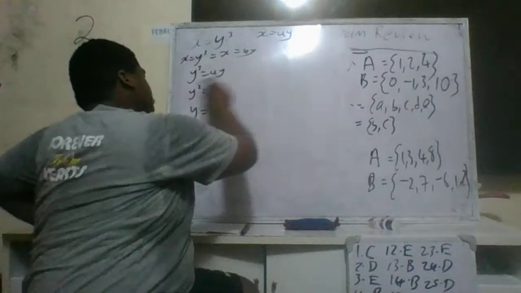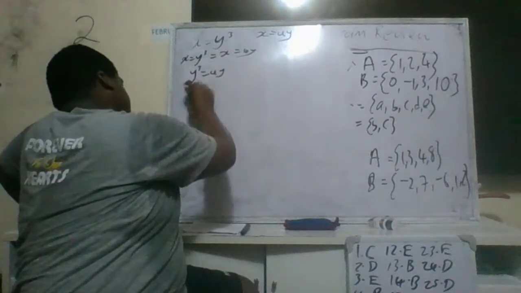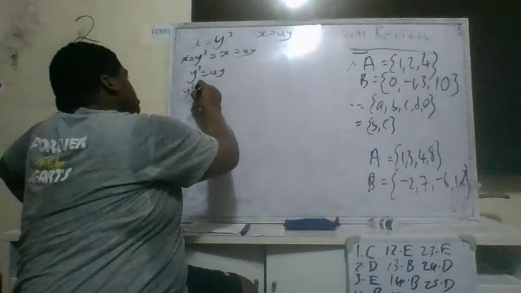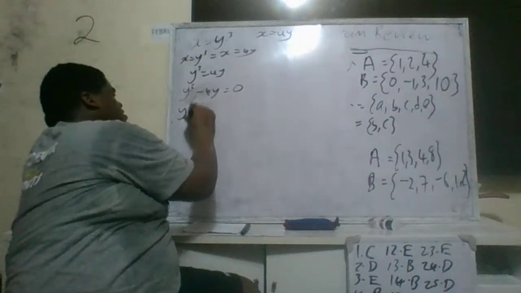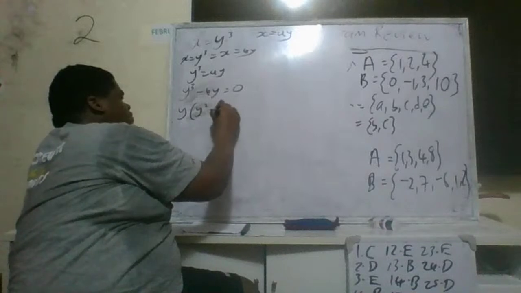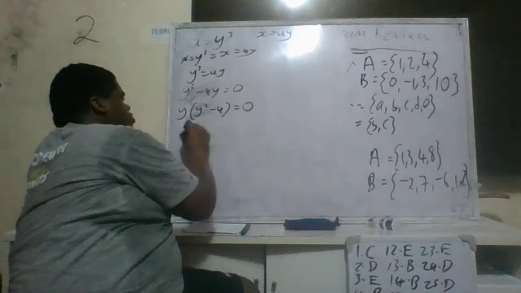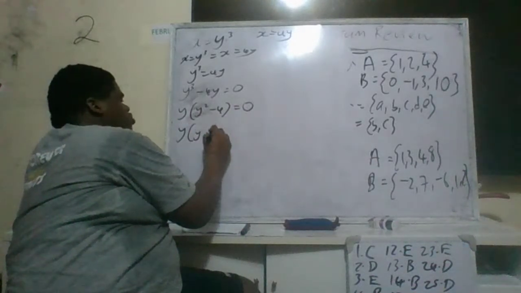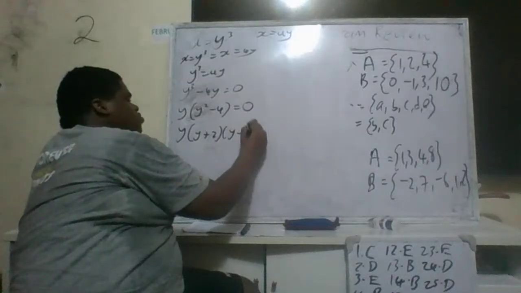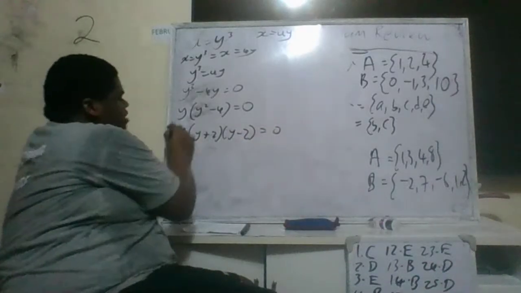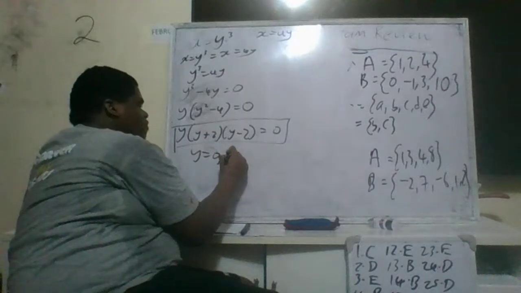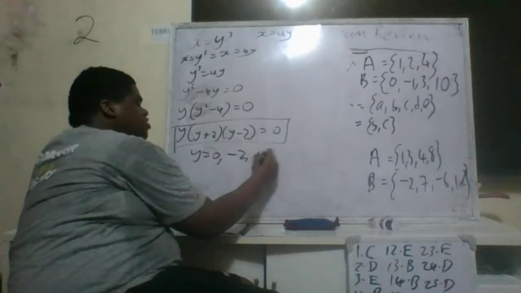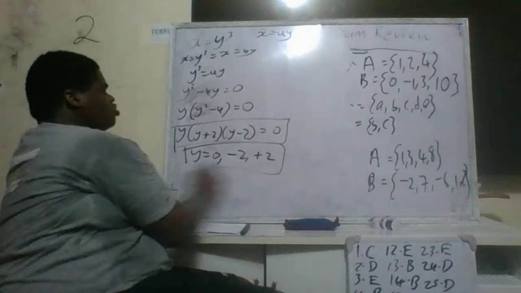First of all, y can be equal to 0. So you have y cubed minus 4y is equal to 0. So you have y times (y squared minus 4) is equal to 0, so y times (y minus 2)(y plus 2) is equal to 0. You have y is equal to 0, y is equal to -2, and y is equal to +2. So these are your 3 points of y.